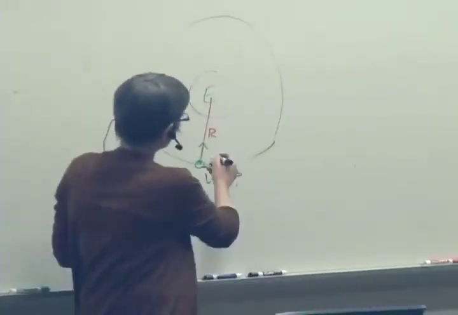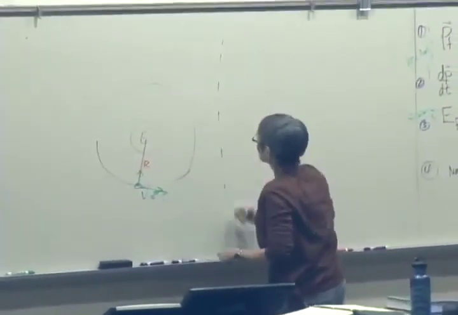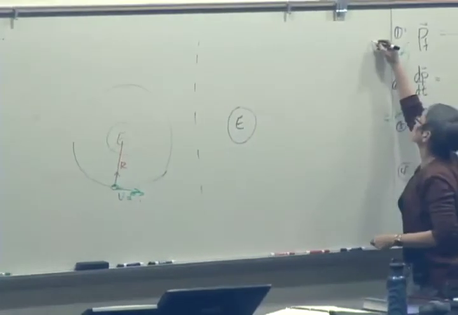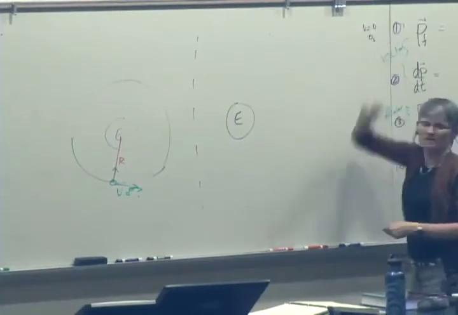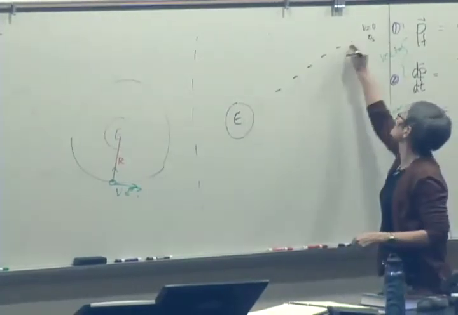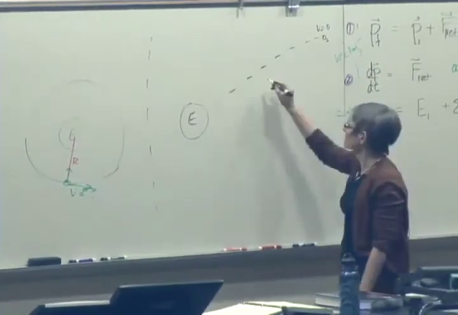It helps to draw a picture. Here's our initial state, and our final state is here's the Earth, and here's the satellite way over here, not moving. This distance is basically infinite, really big.